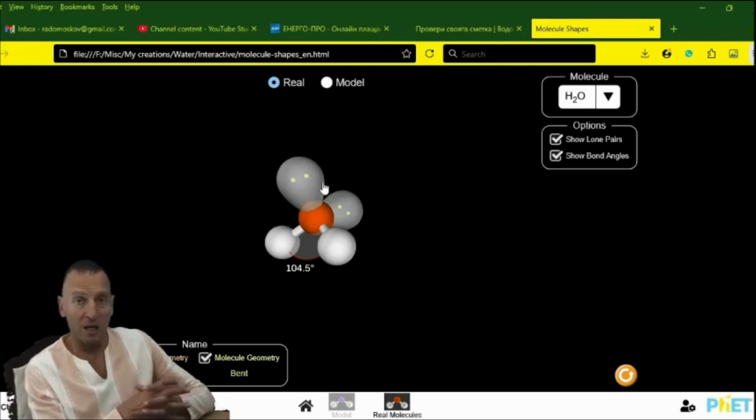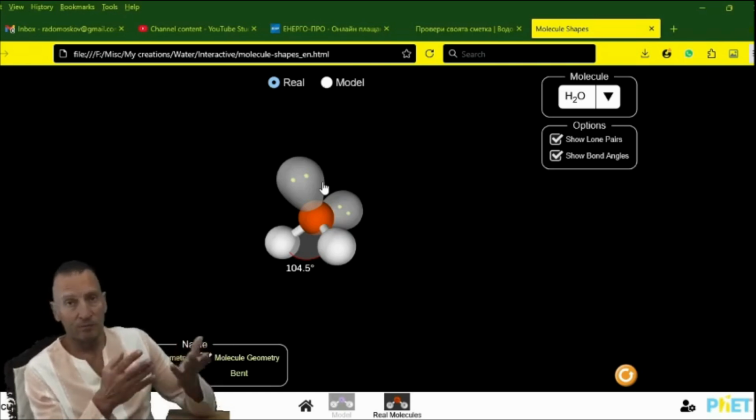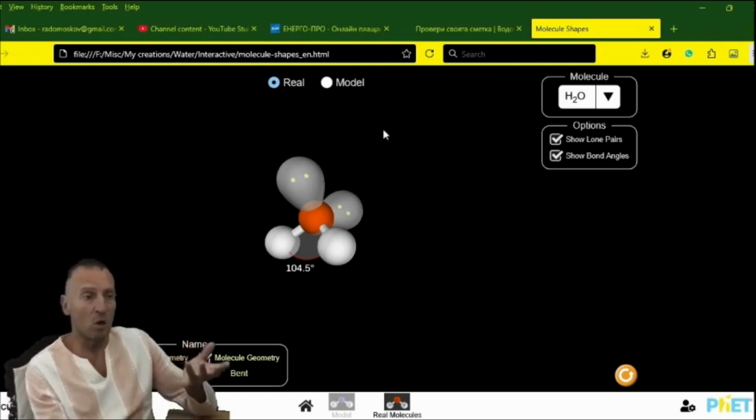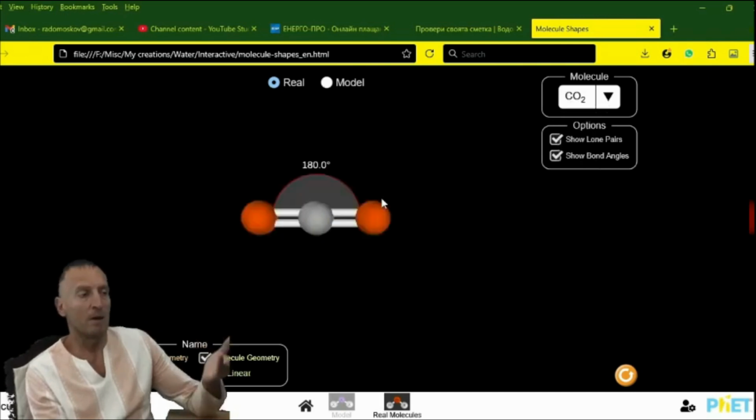So when they're closer, the water is liquid. The molecules cannot be so close in the carbon dioxide at room temperature. This is why carbon dioxide is a gas.